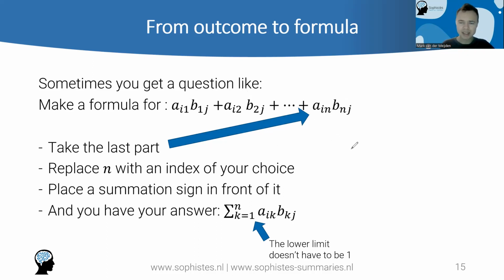You start by taking the final outcome, which is i, n, b, and j. And then you replace the n with an index sign of your choice. So for example, i or j, but we already used the i and the j. What's the next letter in the alphabet after the j? It's the k, right? So let's replace the n with k.